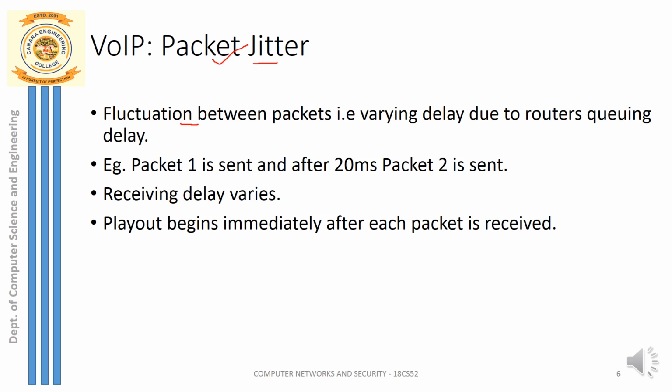So here, suppose, let me take an example. A sender is sending two packets or two chunks of data. The first chunk of data, chunk 1, he is sending maybe at time t0. So initially he is sending that packet. Say after sending this chunk 1, after maybe around 20 milliseconds, he is sending chunk 2.